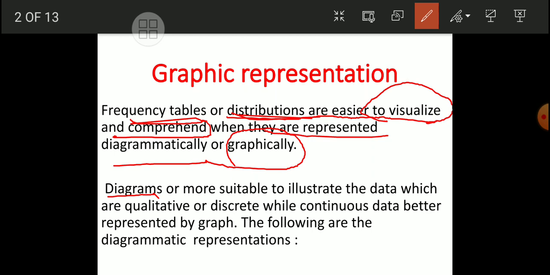Diagrams are more suitable to illustrate data which are qualitative or discrete, while continuous data is better represented by graphs.